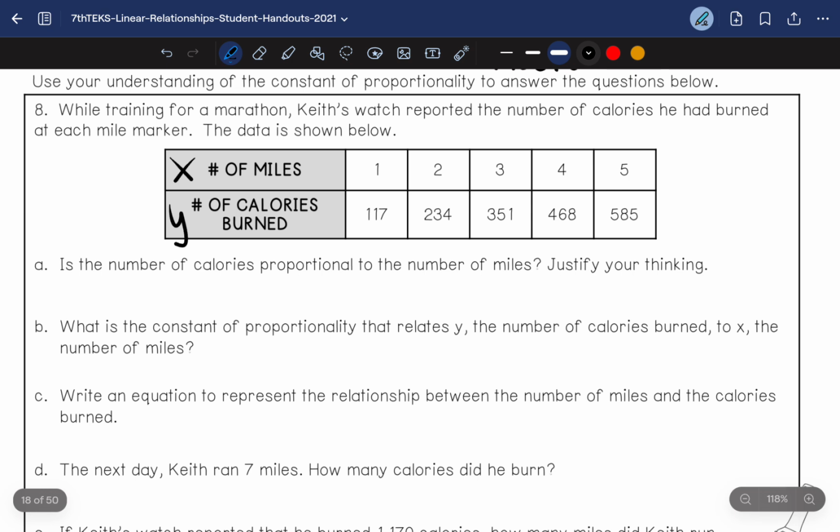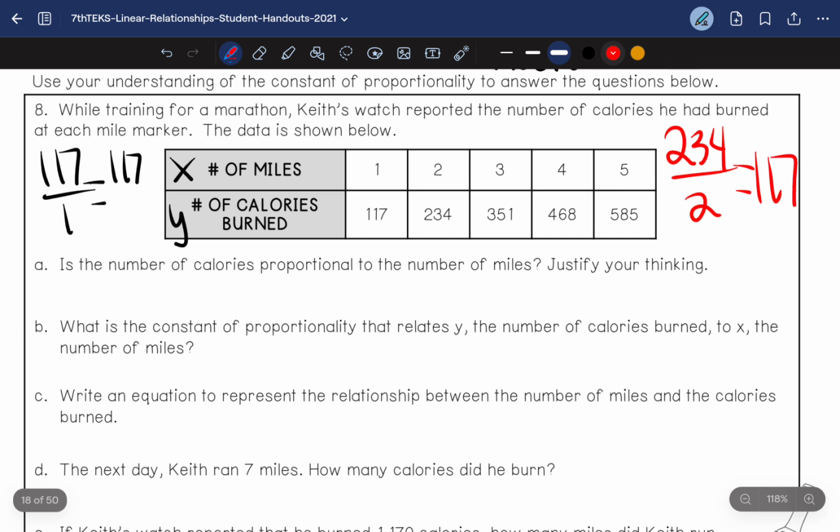So part A: is the number of calories proportional to the number of miles? Justify your thinking. Well, you would have to set up all these ratios: 117 over 1, which equals 117, obviously. And then you would do another one of 234 over 2, which does simplify to 117.